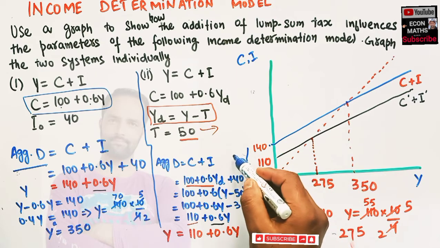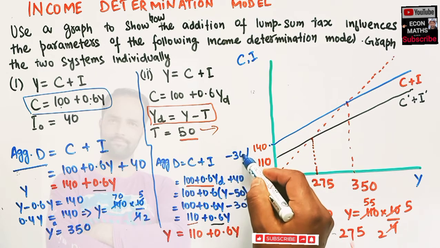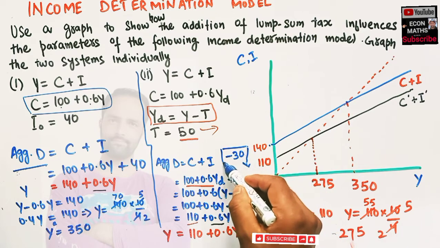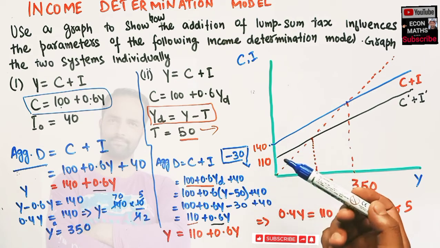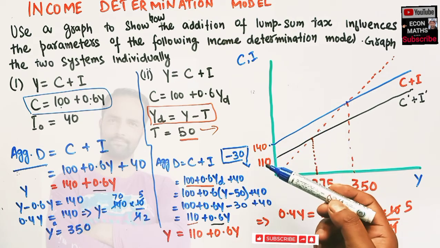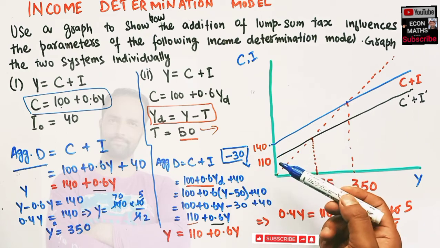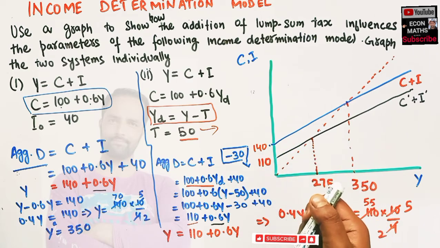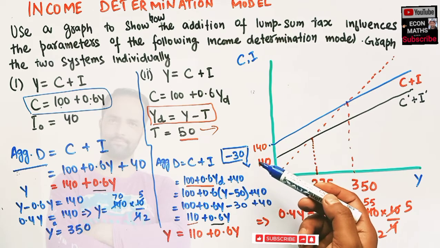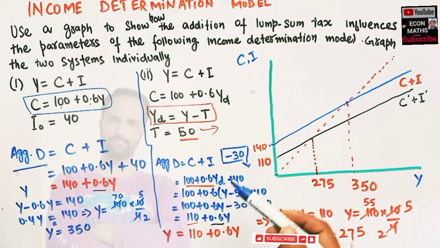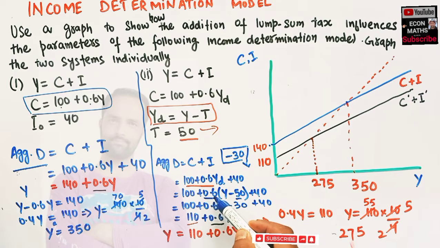That means we have a decrease of 30 in the intercept of aggregate expenditure. This lump sum tax has a negative effect on the vertical intercept of the aggregate demand function, which is equal to MPC times the tax. So this comes out to be 0.6 into 50, which is 30.